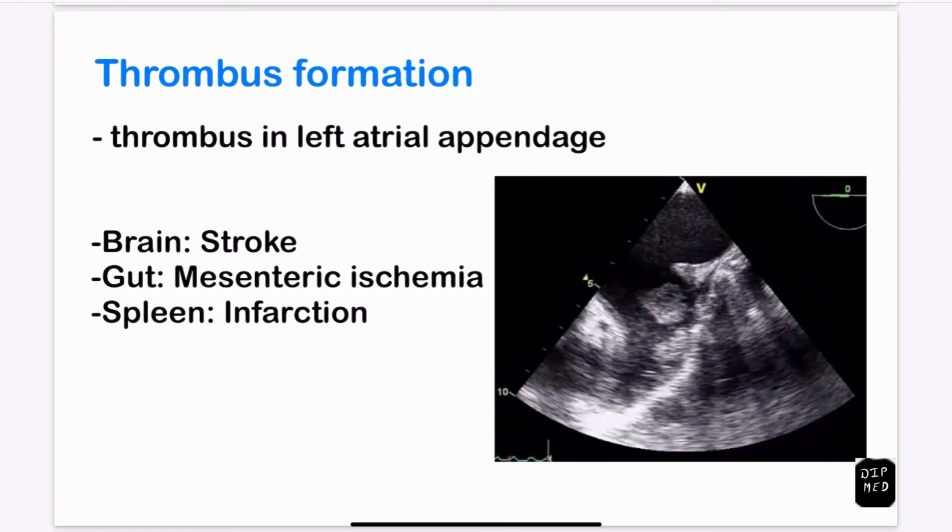What you are seeing on the screen is the thrombus formed in the left atrial appendage. This thrombus can break off and travel all the way up to the brain to cause a stroke. It can go to the gut and cause mesenteric ischemia, or it can go into the spleen to cause splenic infarction.